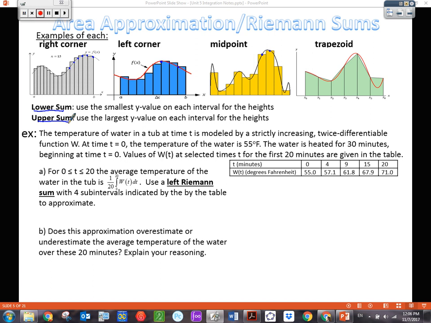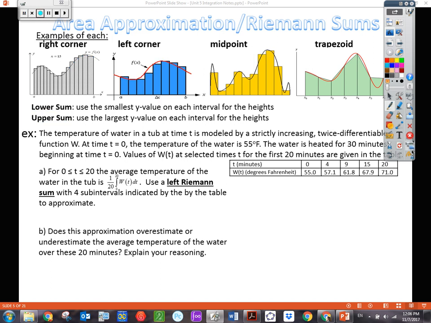So let's talk about what that means. Let's say, for instance, I have an increasing curve. Let's just talk about an increasing curve. We're going to look at these two options. I have this curve right here. It's increasing. Let's use a different color so it's clear. If I wanted to do a lower sum, that states that I need to use the smallest y value on the interval as my height.